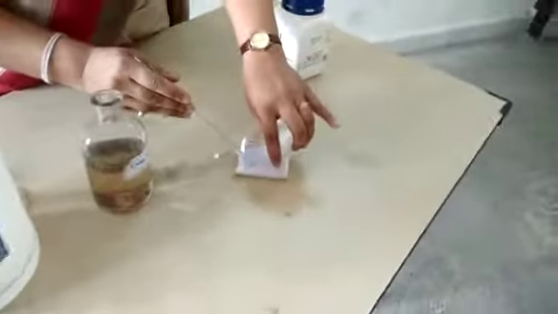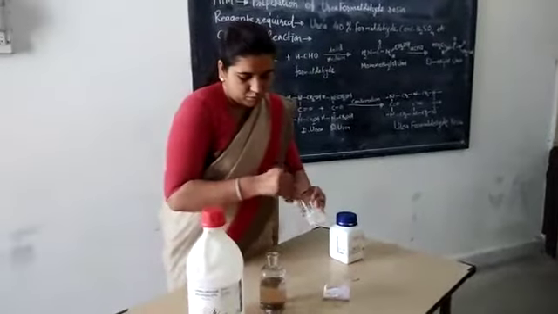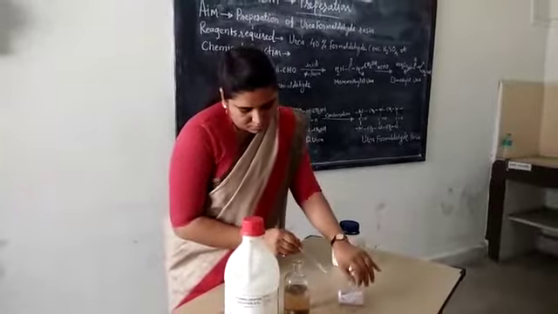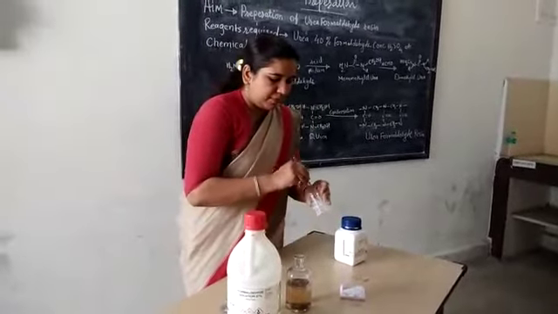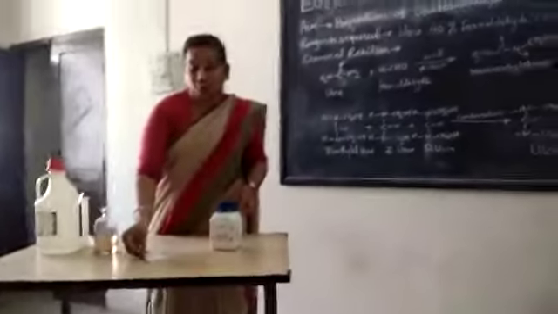Now I am going to remove it onto paper for the purpose of drying. And after it becomes dry, we will take its weight. In this way you will have to carry out this experiment in the lab. It should be completely removed by using a spatula. So in this way we have prepared urea formaldehyde resin.